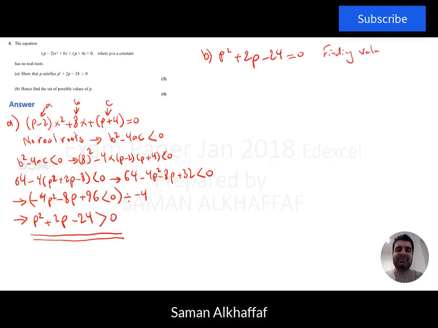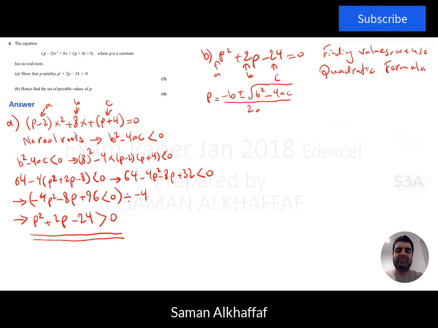To find the values, we use the quadratic formula. So here we have a, b, and c. We have p = (-b plus or minus the square root of b squared - 4ac) all divided by 2a.